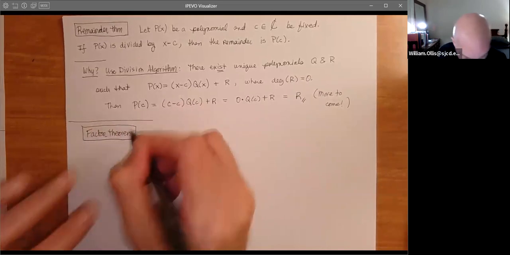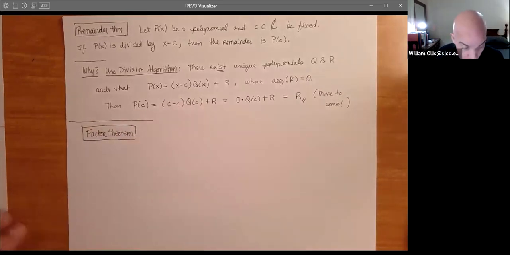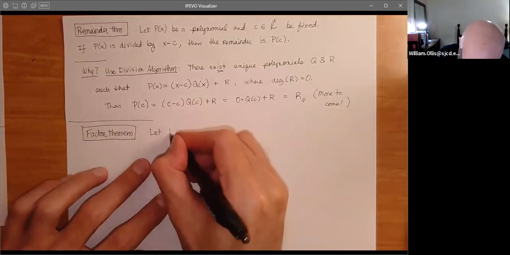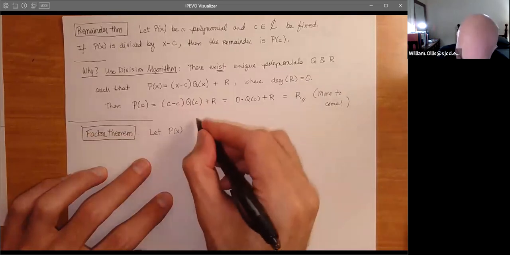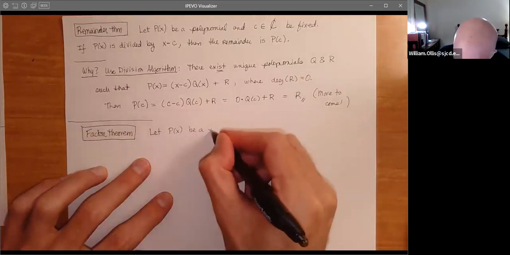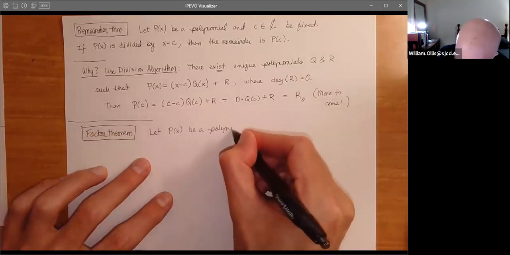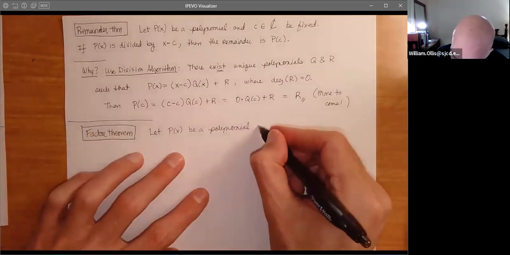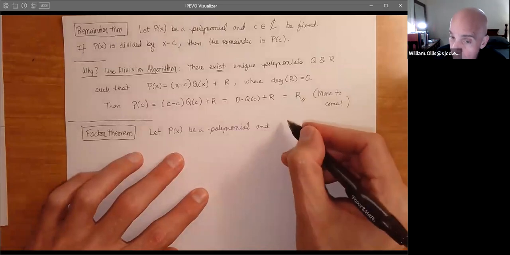So if we look at this, we're going to say the same thing we did before. Let P of X be a polynomial, and we're going to assume we have a zero.